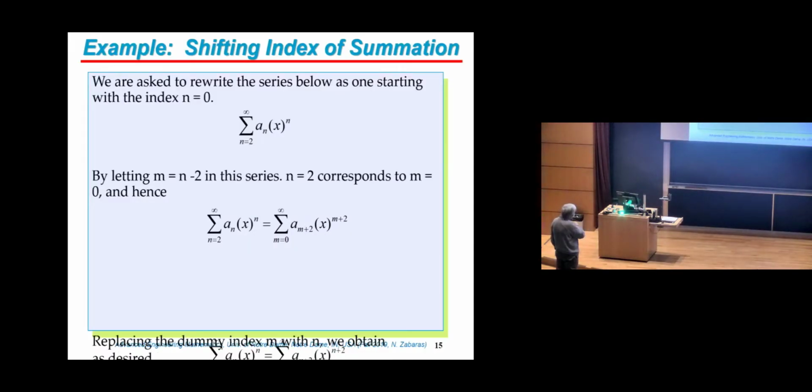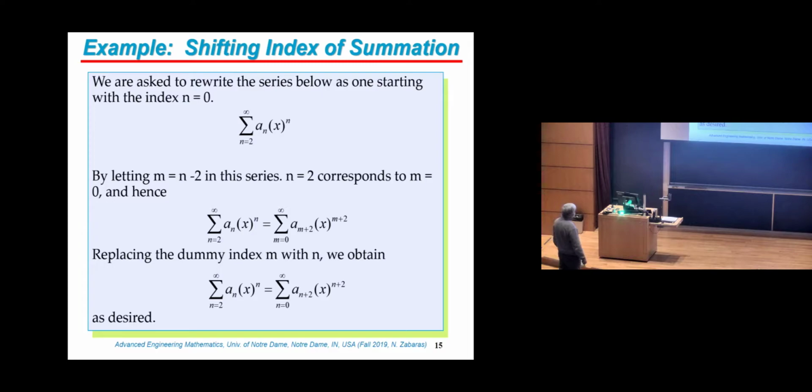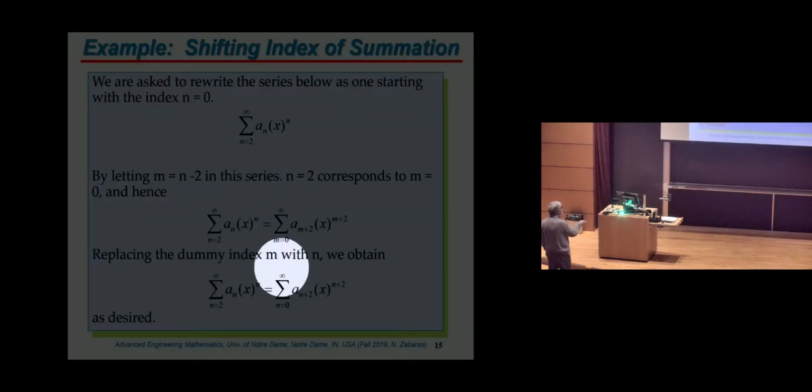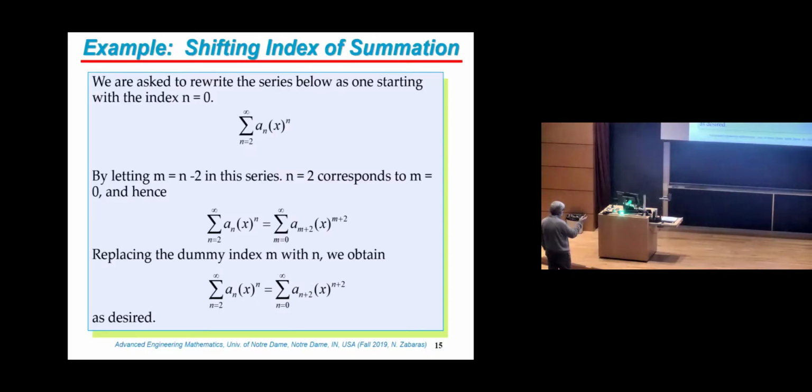And now, because the index m is a dummy index, I can change this m back to n, and this is equal to that. And you notice, on the left-hand side, I have a summation on n. On the right-hand side, I have a summation on n. But this starts from n equals 2, and this starts from n equals 0.